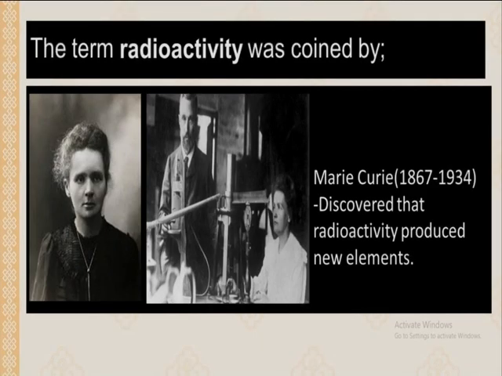In the later part of her life, Marie Curie was diagnosed with a disease called aplastic anemia, which is a blood disorder caused by harmful radiations. She was constantly in touch with radioactive substances, so her body was completely exposed to harmful radiations. Because of this, it affected her health, and unfortunately she passed away in the year 1934.